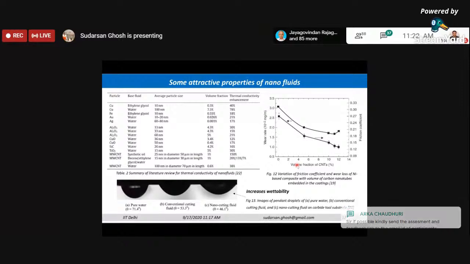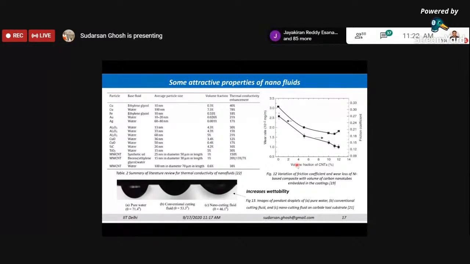Of course, a compromise has to be made, because we cannot afford to use a very high quantity of nanoparticles. But this is the advantage: it brings down the friction coefficient, and consequently the wear rate can also be lower. So the abrasion wear, which we were discussing in our machining process, can be lowered substantially when we are using these nanofluids containing the nanoparticles.